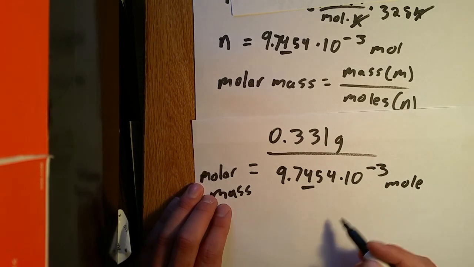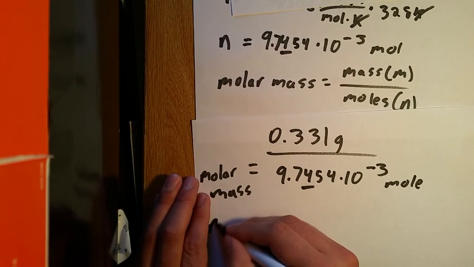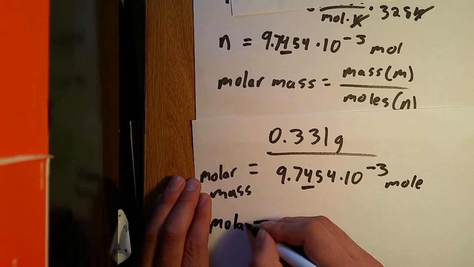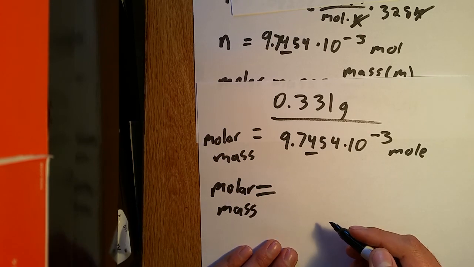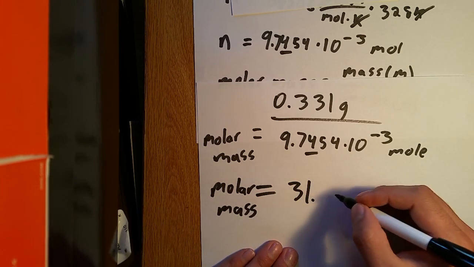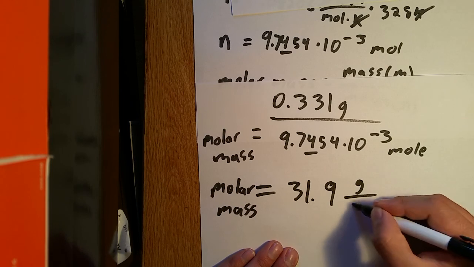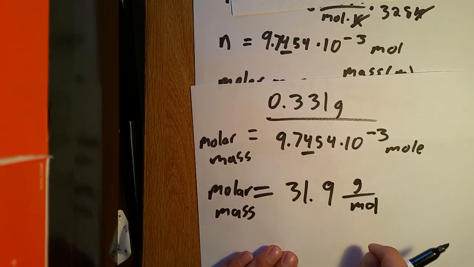When you calculate that out, it should give you a molar mass equal to 31.9 grams per mole.